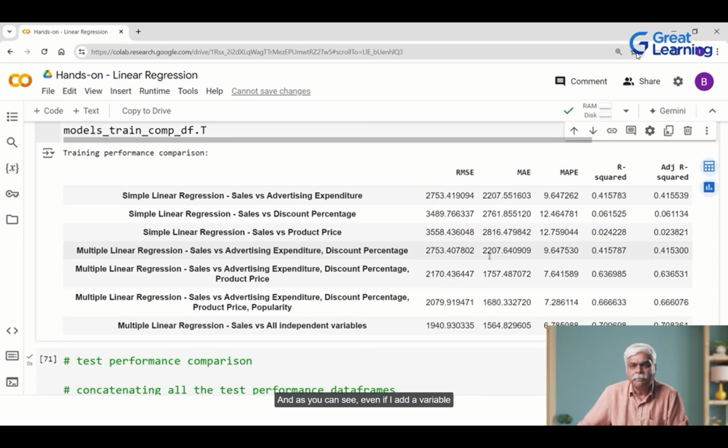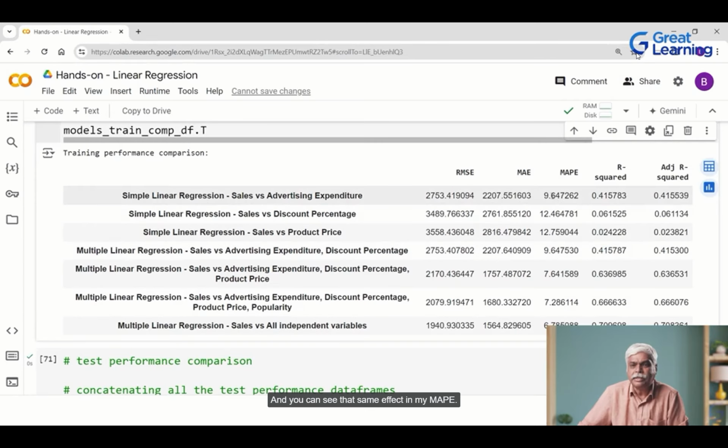And as you can see, even if I add a variable like discount percentage, which is not a good variable, my R square did not increase much. In fact, its increase was only in the 6th decimal place, which means discount percentage added on to advertising essentially did nothing to my model.